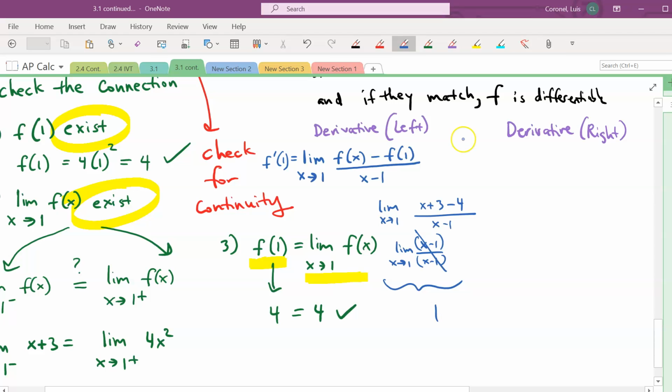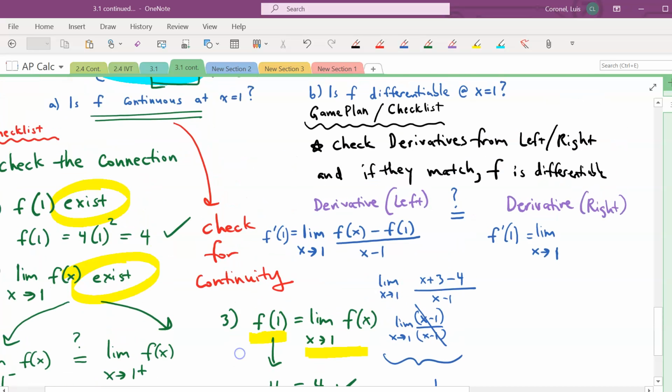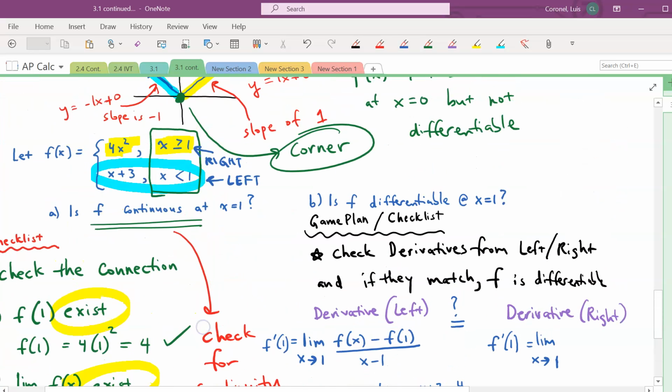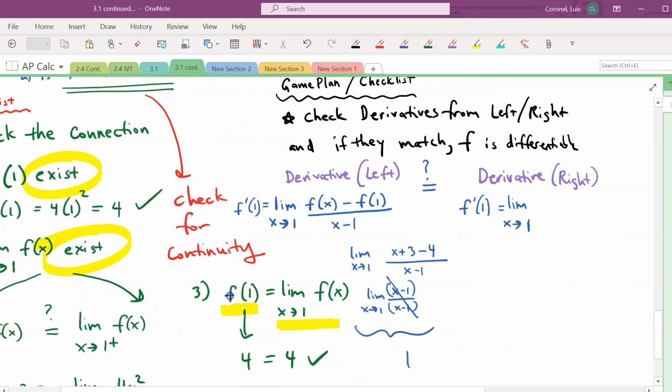Is that the same as the derivative from the right? So now from the right side, we'll do the same idea. We want to find the derivative at 1, but this time we're using the right side. We're using the top part of the equation, 4x squared. That's the equation from the right.